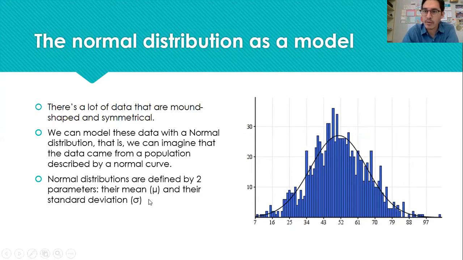And when it comes to samples and statistics, we use Roman letters. So for this model, we could say that the mean, or the center, is 52, and the standard deviation, the spread, is about 13.5. I don't have any units because I didn't put any context with this graph.